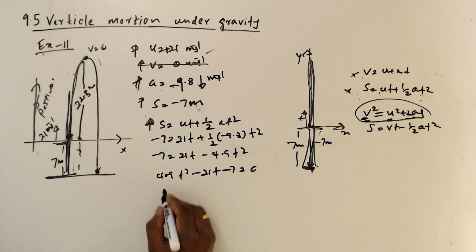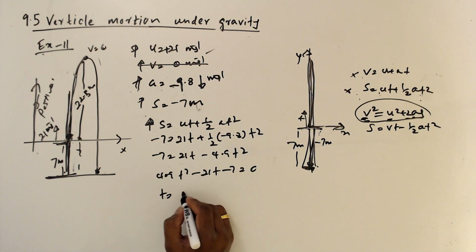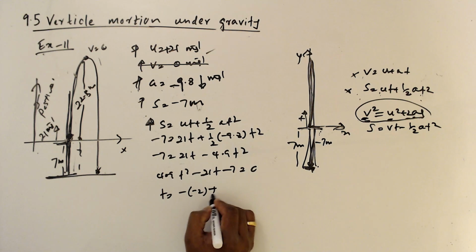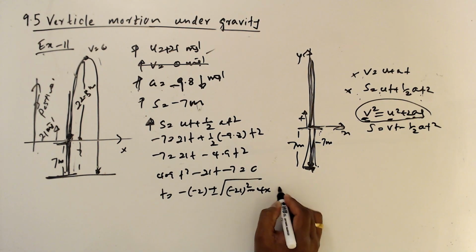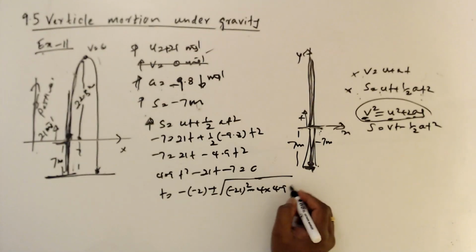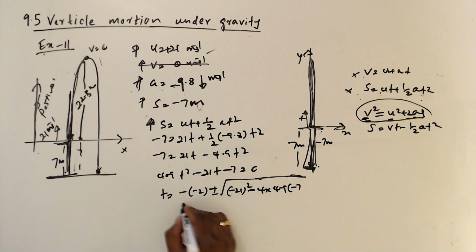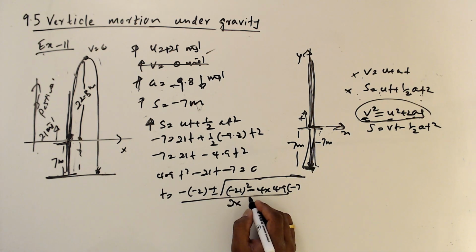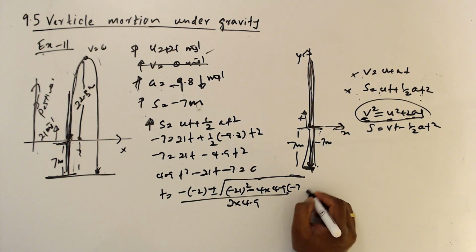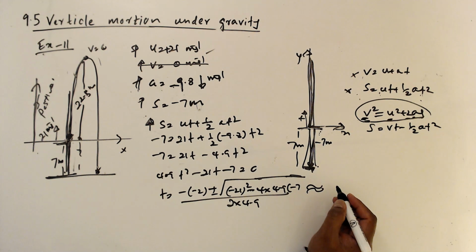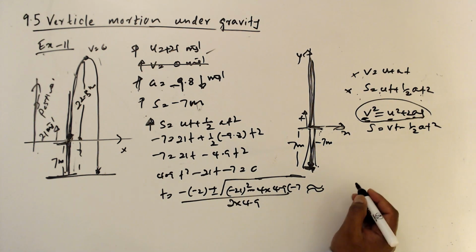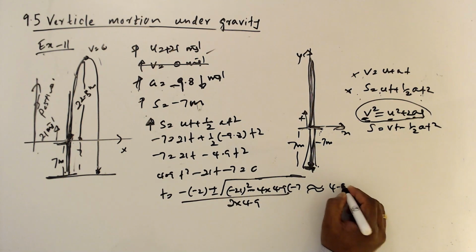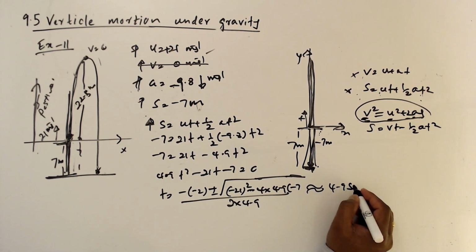Then we have to use the quadratic equation, t equals minus b plus or minus the square root of b square, 21 square, minus 4 times a, 4.9, times minus 7, divided by 2 times a, 4.9. So approximately this is 4.642 s.